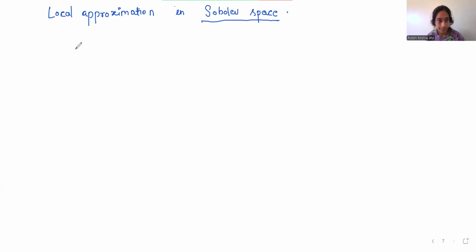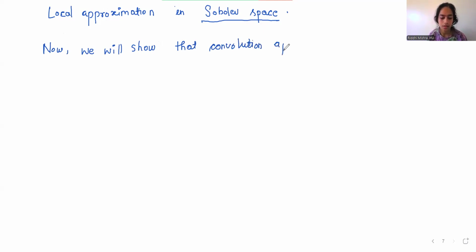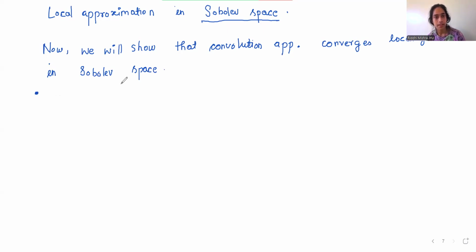So now we will show that the convolution approximation converges locally in Sobolev space. The first thing to notice is that I am not demanding any regularity on the domain.